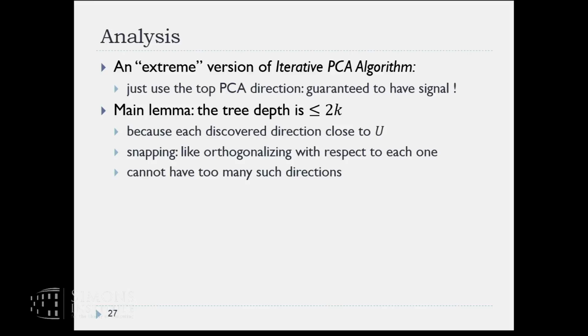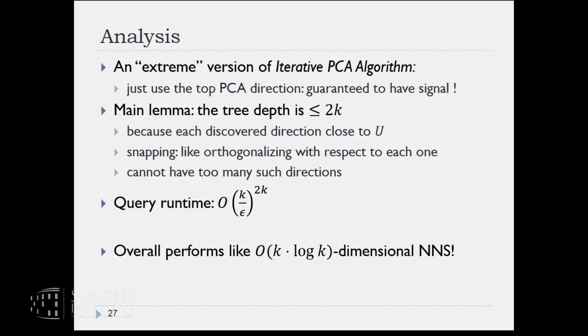Okay. So overall, what happens is that if you do this PCA tree, the number of iterations, or the depth of the tree, is only 2k, because that affects the runtime and everything. And 2k is the right dimension. And then you stop, okay? And then you look at all the points that you reach there. So basically, the performance of this algorithm is analogous to what happens in dimension k log k.